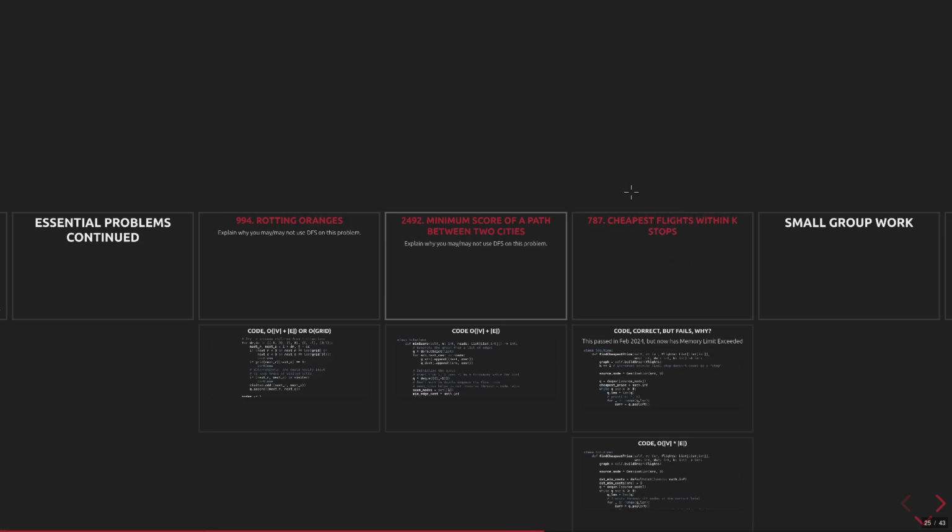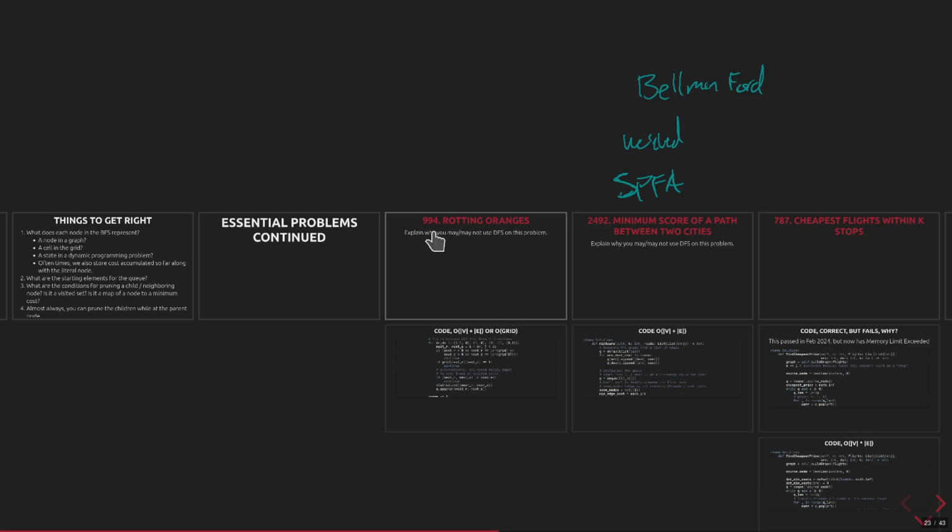This is where I'll go through an algorithm called SPFA, in which you can deal with a weighted graph using a variation of BFS. This is also a variation of the Bellman-Ford algorithm, if you know that one. If we have time, we should do minimum score of path between cities.